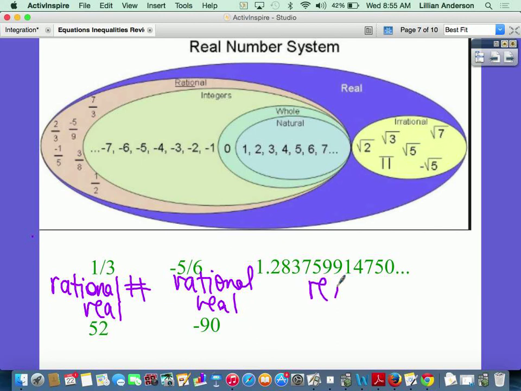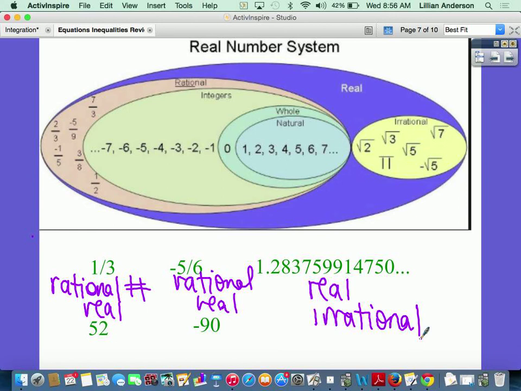It's real, but it's not rational. It is irrational. Now, if it was 0.333333 repeating, you know 0.333333 repeating is what fraction? 1/3. So that would be an example of a rational decimal. The other one can't be converted back into a fraction. That's not going to be converted back into anything.